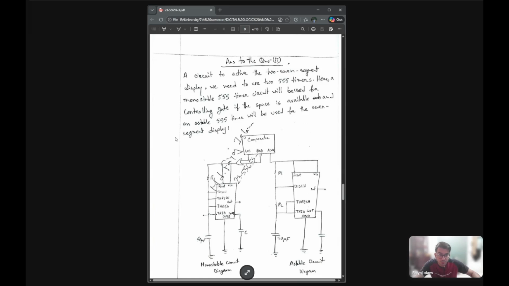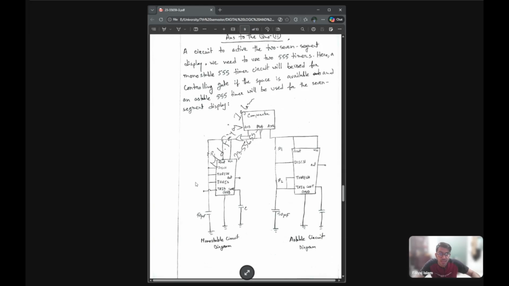The monostable circuit is shown on the left; the 555 timer configuration handles the static full signal. The astable circuit is shown on the right. This generates the square wave required to make the space available signal blink.